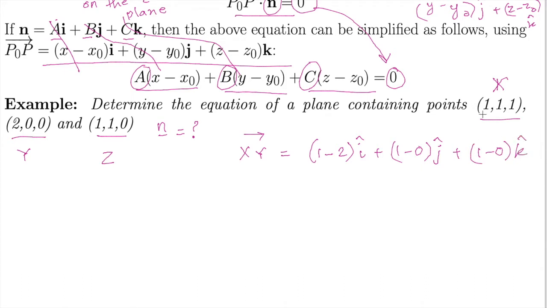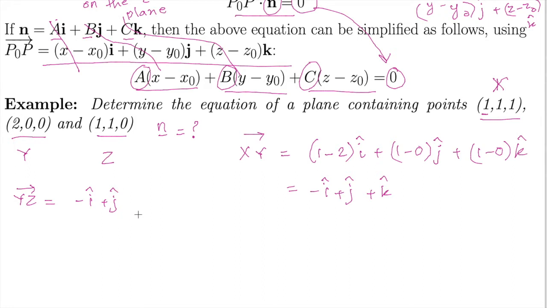I subtracted the x component, the y component, and the z component for the i, j, and k components respectively. So this will give me minus i plus j plus k. Similarly, I can find YZ, which is equal to minus i, 1 minus 0 is 1, so plus j, and 0 minus 0 is 0.